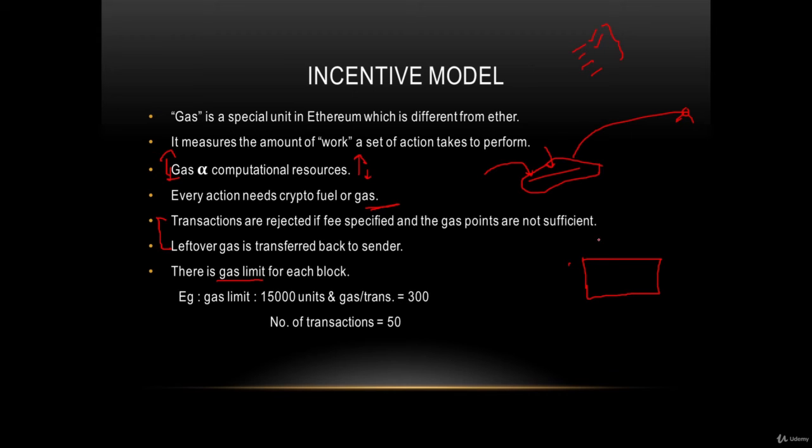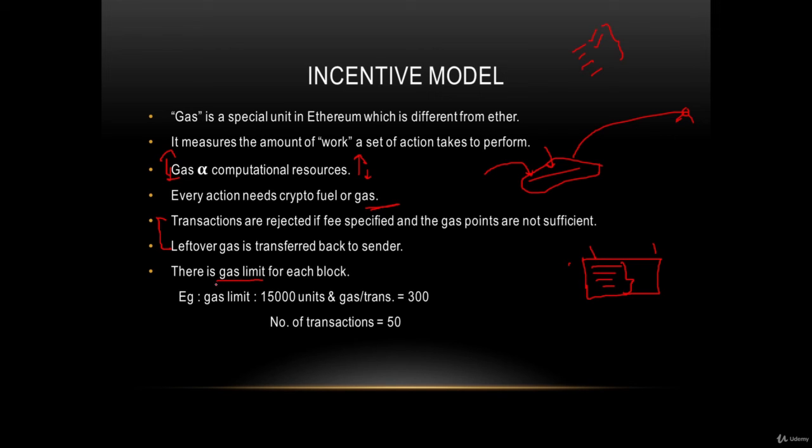If you take all the transactions and the sum of their gas points, it should be less than the gas limit of this block. If it is more, the block cannot be formed. So in order to do this correctly, all the miners take into consideration how much the gas limit is, and accordingly they take in the number of transactions needed to accomplish a gas total a little less than that.